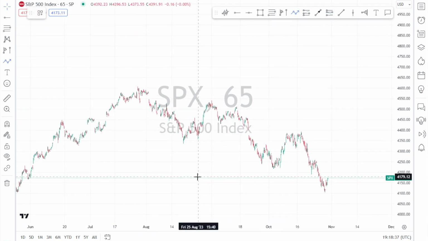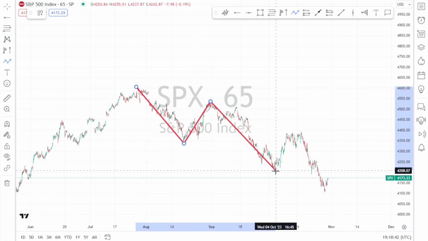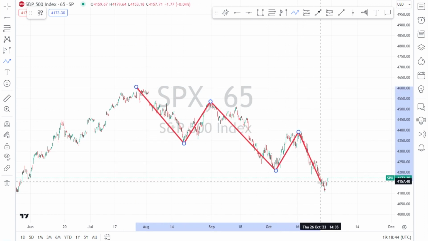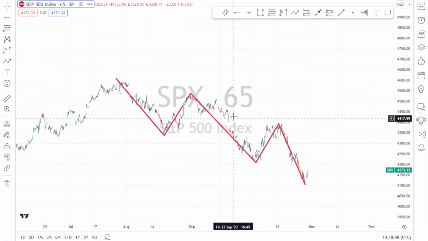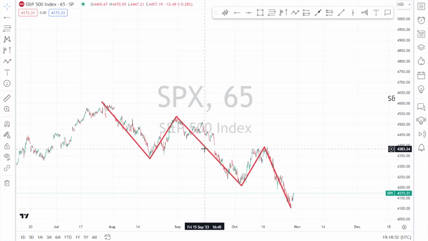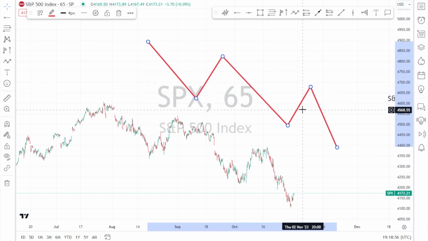And you can see the structure really clearly. That's an impulse, that's a correction, that's an impulse, that's a correction, that's an impulse. Okay, so we're currently in this time frame, 65 minutes, in a downtrend. This is the structure: impulse, correction, impulse, correction, impulse, down.